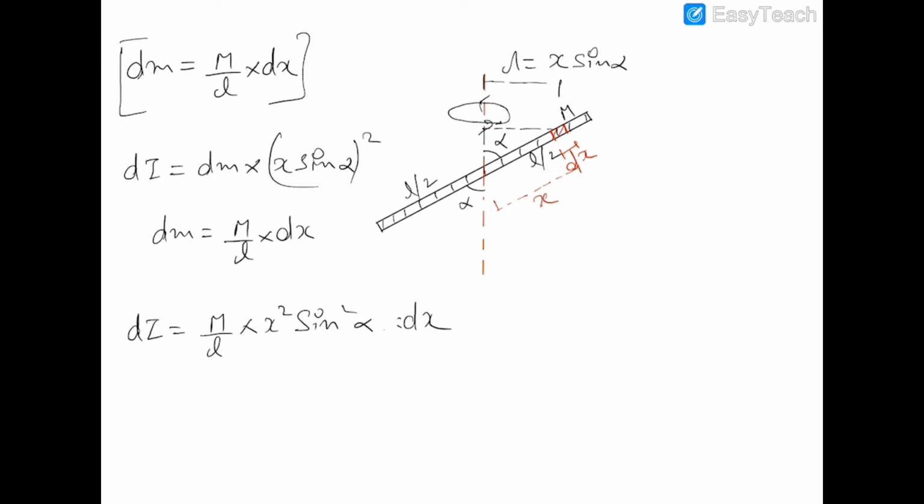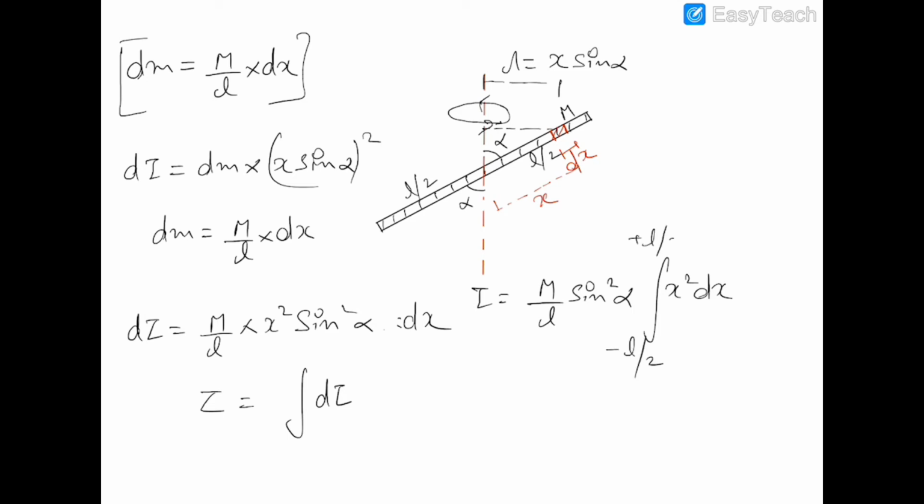Okay, so the total moment of inertia I would be the integration of dI, and I would be equal to m by l sine square alpha integration of x square dx. The limits will be from minus l by 2 to plus l by 2.